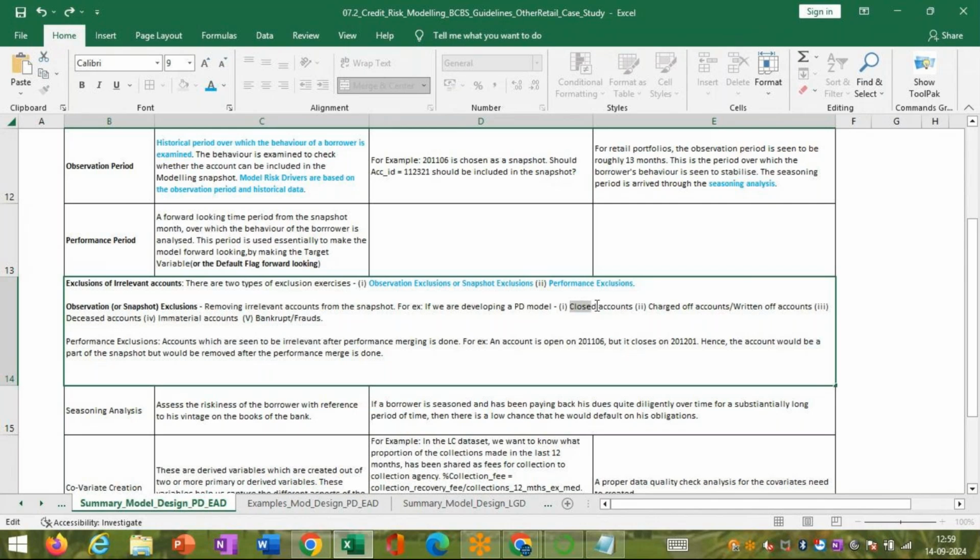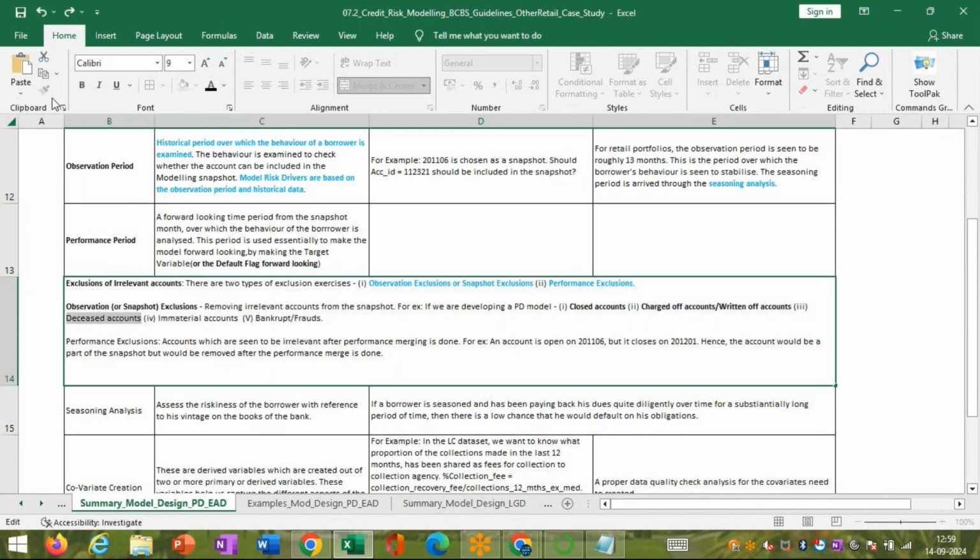So what are the kind of accounts? Accounts which have closed as on the snapshot, accounts which are charged off, written off, or have defaulted on the snapshot, deceased accounts which have been deceased as on the snapshot. We saw one of the examples, right?